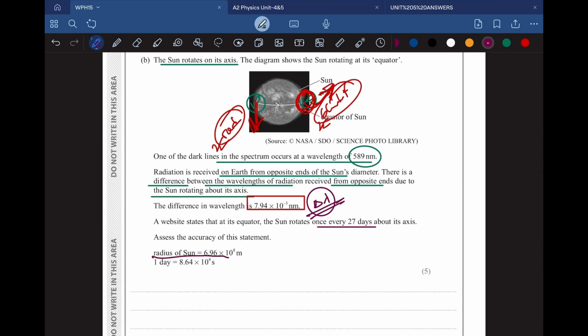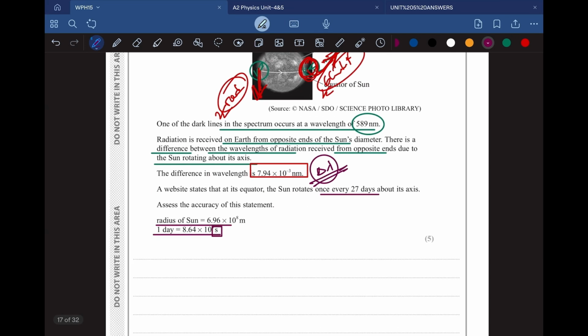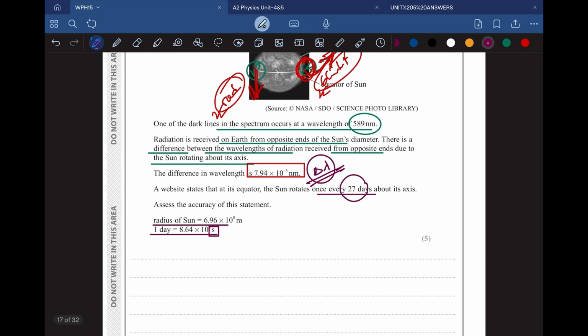They have given us the radius of the sun and they have given us the time to convert from seconds into days. All right, so basically as they are asking us to see whether it is 27 days and they have given us the radius of the sun, they are indicating that we will have to use the formula v is equal to 2 pi r divided by time taken. Why are we using 2 pi r?